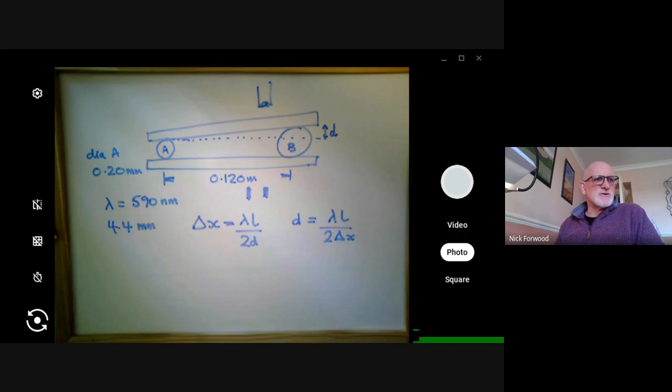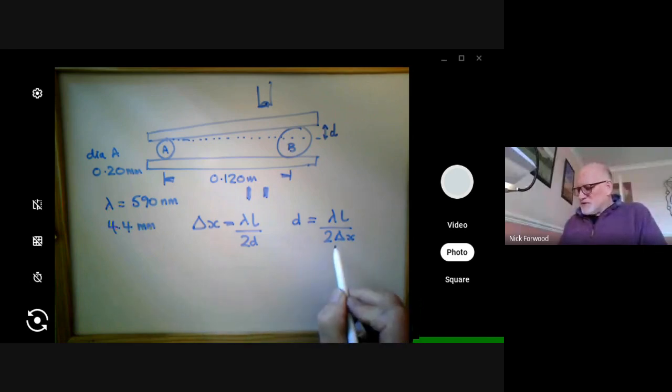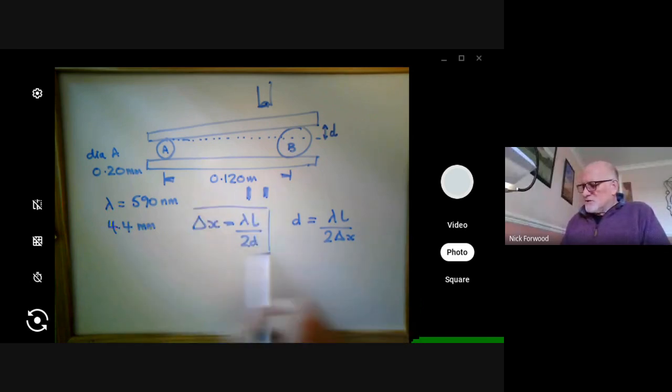So all we've got to do is make sure that we do all of this in meters, because we've got different units. We've got meters there, which is okay. That's in millimeters, that's in nanometers. We've got our rewritten formula. This is the formula off the formula sheet that I showed you just earlier.